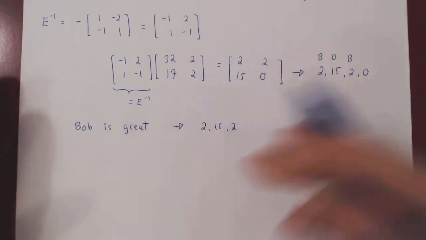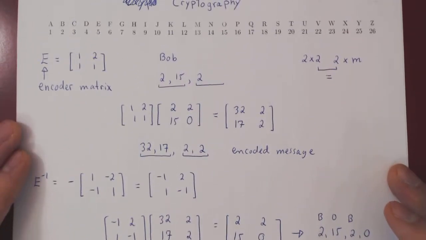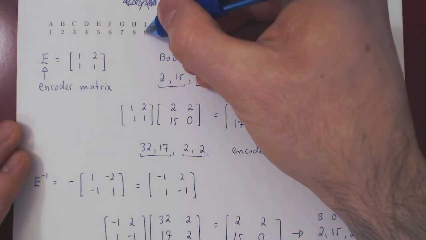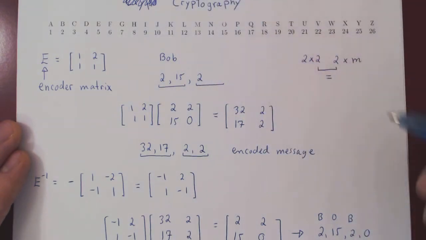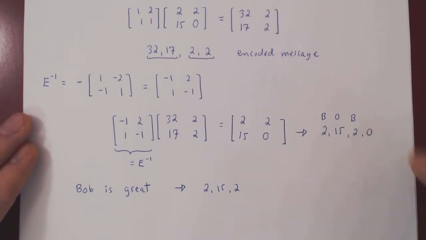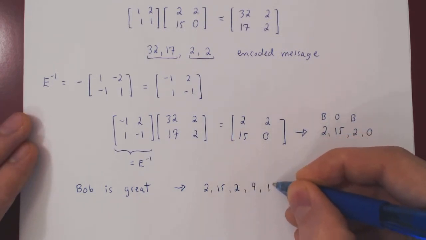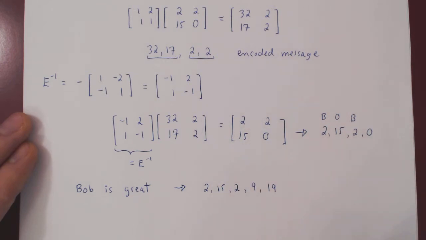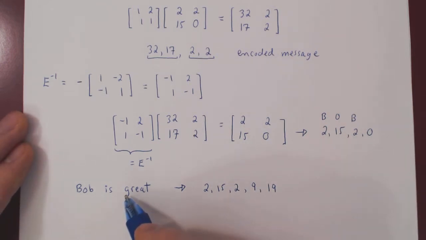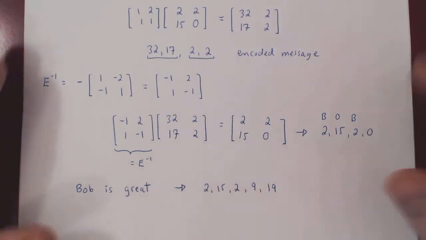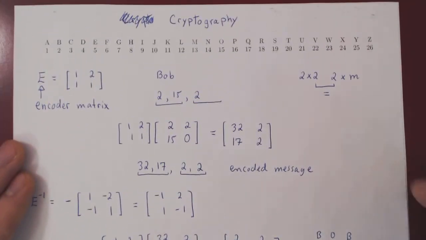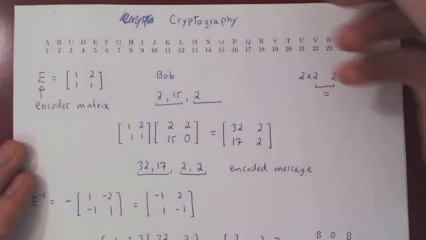Then I and S. Let's look up. I is 9. S is 19, so we get 919. G, R. G is 7.